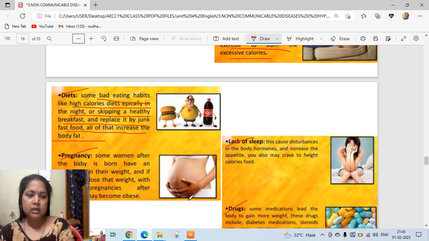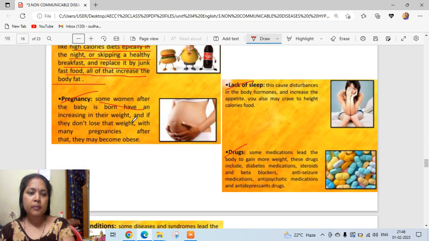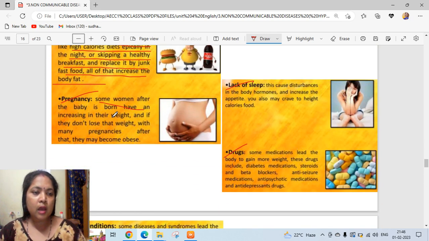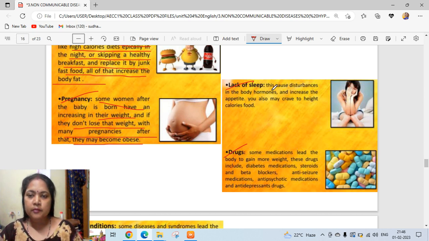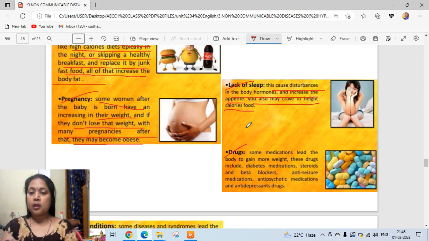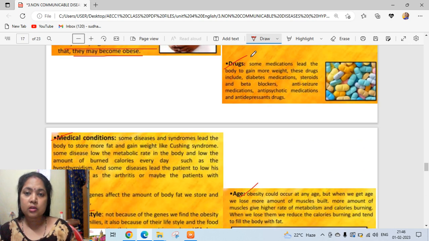Okay, and pregnancy: some women gain weight after the baby is born, and if they don't lose that weight, with many pregnancies afterwards they may become obese. And lack of sleep: this causes disturbances in the body hormones and increases the appetite, and you may also crave high calorie food.